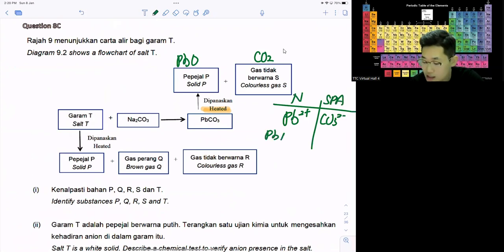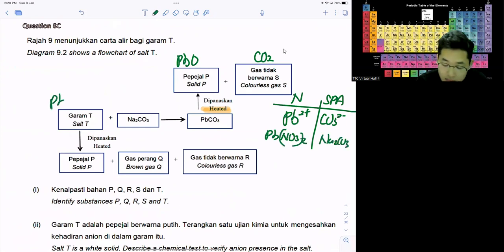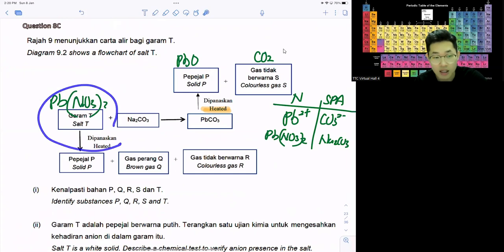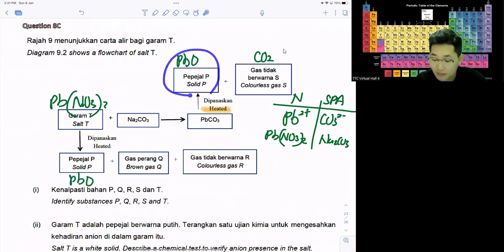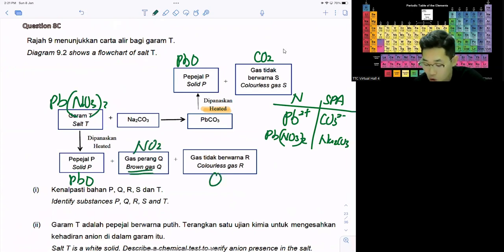Then I know that this is lead(II) nitrate. When lead(II) nitrate is heated, it produces metal oxide PbO. Can you see? Same. NO3 will produce NO2, which is brown, and O2 that is colorless.